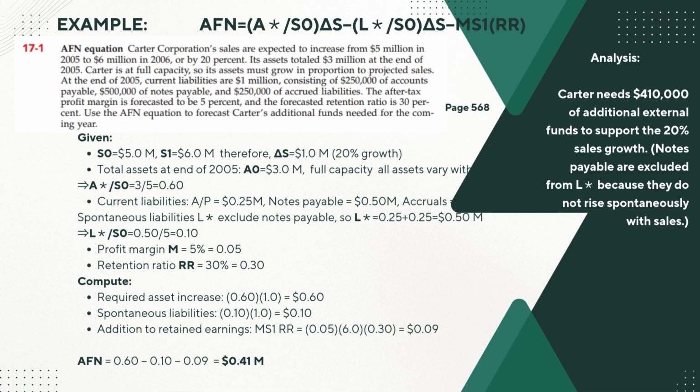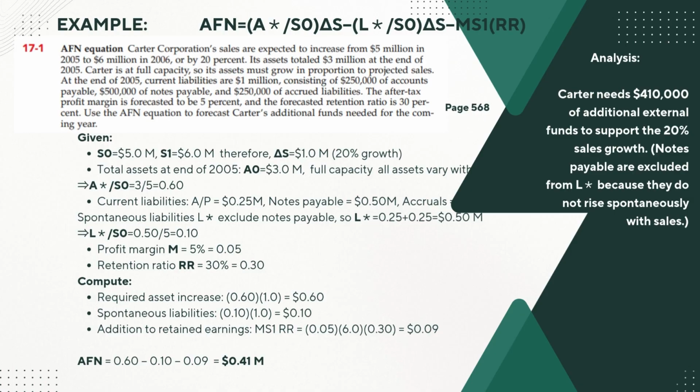For spontaneous liabilities, L star, we have to exclude the notes payable because according to the book, it's discretionary. So L star is equal to accounts payable plus accruals, which is 0.25 plus 0.25 is equal to 0.50 million.